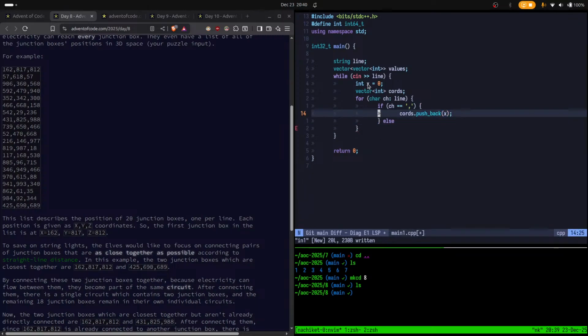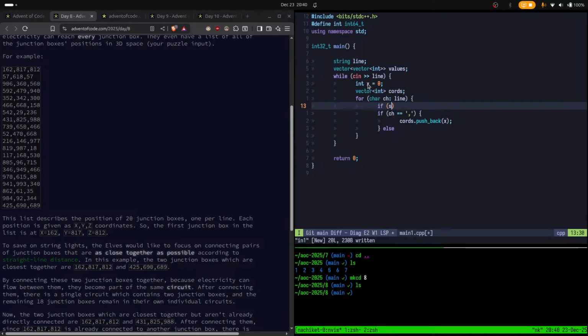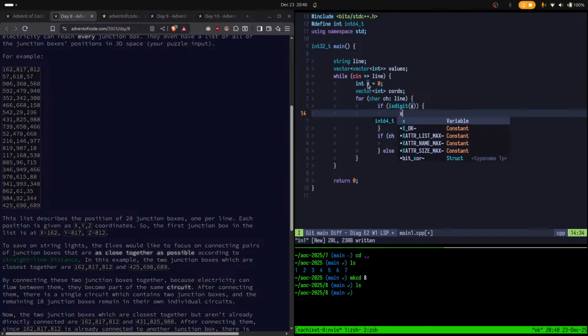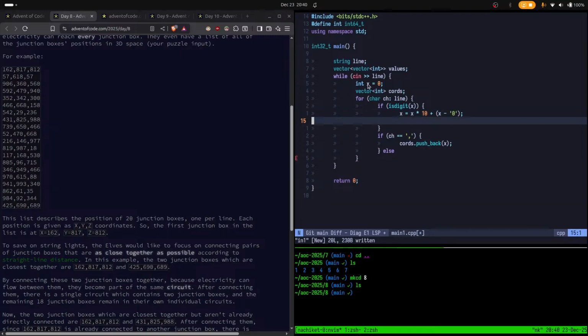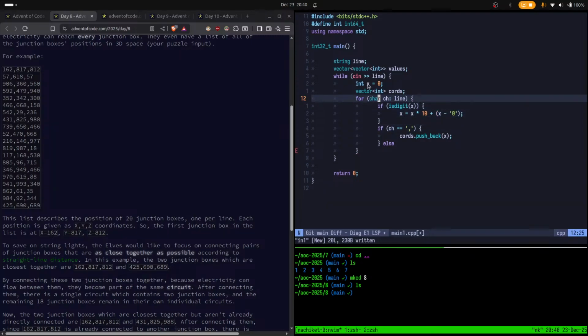Else, it is a digit, then I will add that particular digit to the number that I'm constructing. It's minus '0' since this is a character, the ASCII value, converted to an integer.